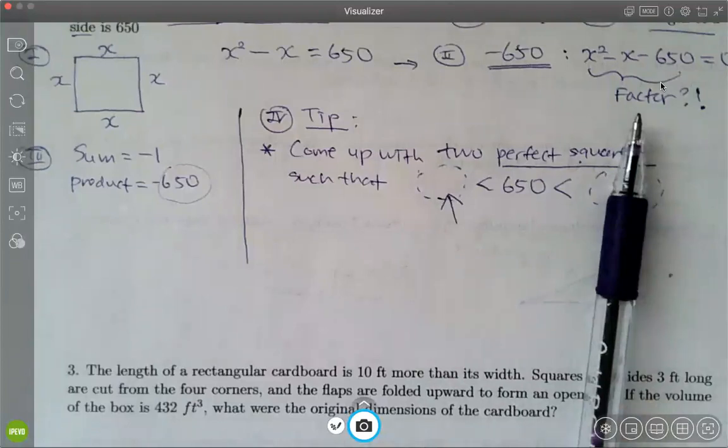640? That's a little bit big. And that's not a perfect square. Yeah, so it's somewhere in the 600 range, but it's not 640. Okay, so here's my hint. What is 20 times 20?